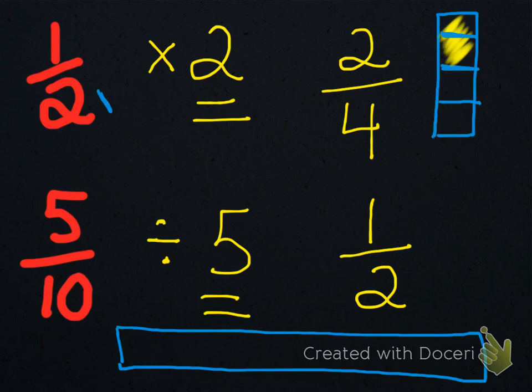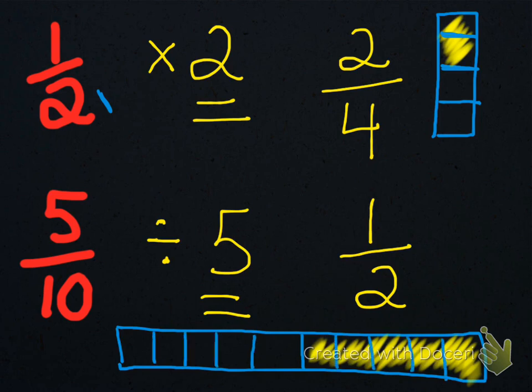Now down at the bottom here, I'm going to show 1/2 as well. So I'm going to split that rectangle into half to show my 1/2, and I'm going to shade 1/2 of that rectangle. Now, the next thing I have to do is split this rectangle into 10 parts to show 5/10.